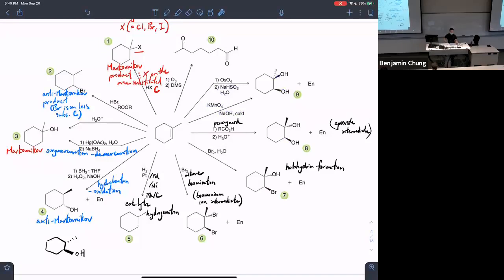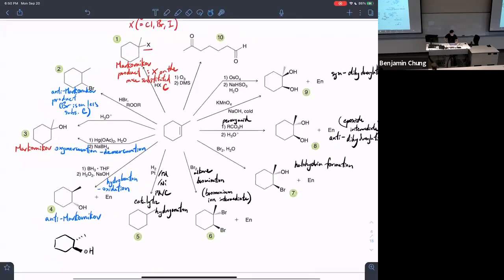So either would be acceptable in like a test situation. So this is syn dihydroxylation, and this is anti-dihydroxylation. The syn means that they're on the same face of the molecule, whereas the anti means they're on the opposite face.